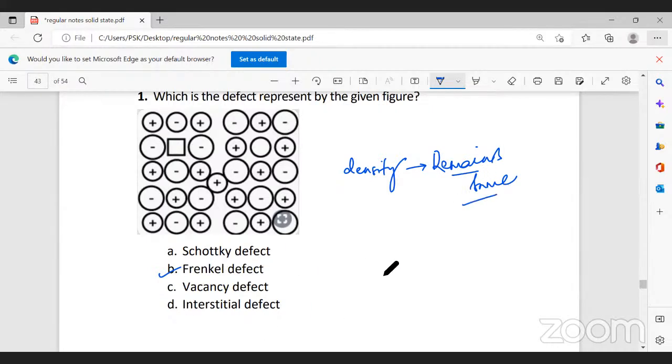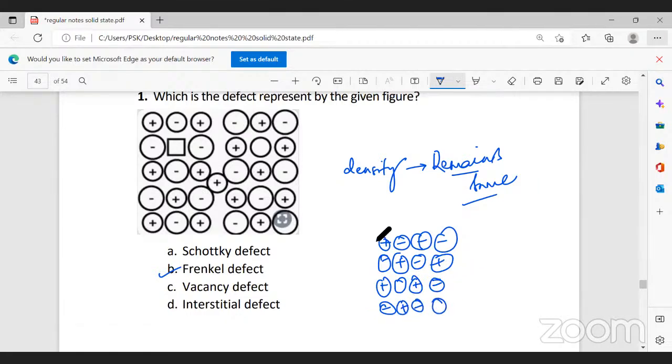When we say Schottky defect, a pair of ions will be missing from its lattice position. For example, if I have cation, anion, cation, anion, representing a perfect crystal, and an anion and a cation are missing, then we call that a Schottky defect.